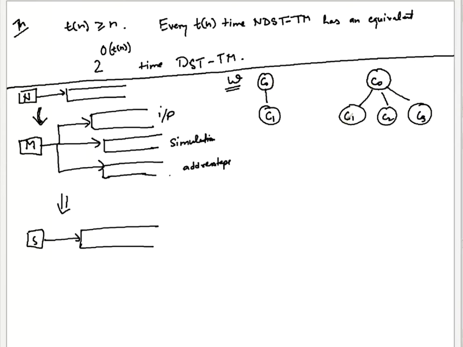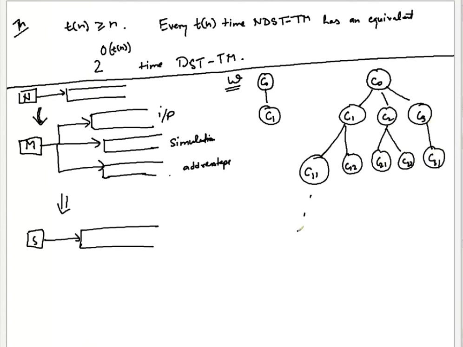Now we do the numbering. From the left, for C1, its leftmost child is going to get C11, and if there is another, it is going to get C12. For C2, if there are 2 children, C21 and C22, and if C3 has just one, C31, and likewise.